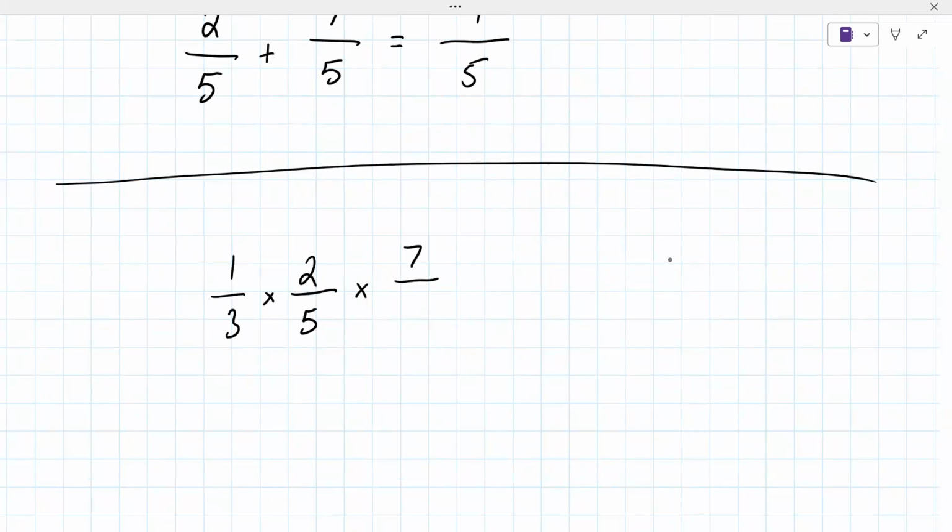Let's go thirds. Let's do that. So the top number is 14. Okay, and the bottom is 45. Good. Very good. Okay.